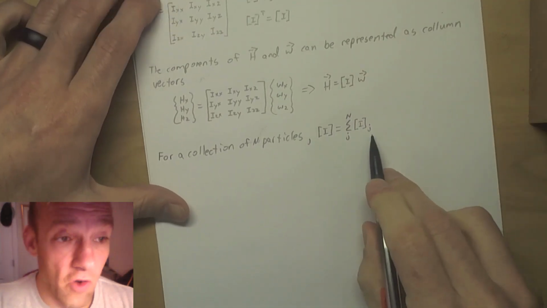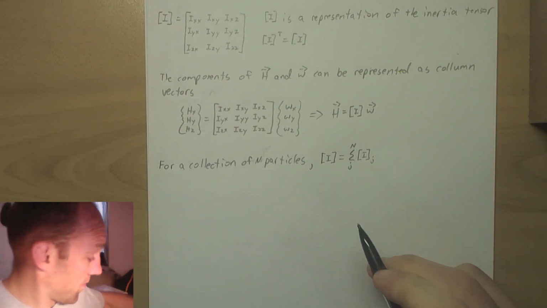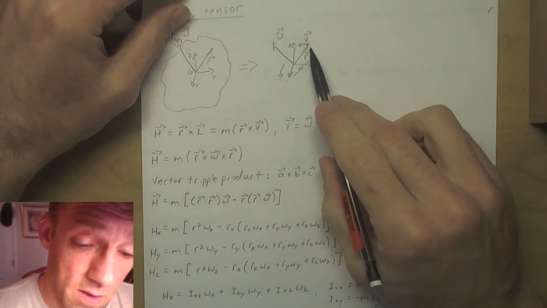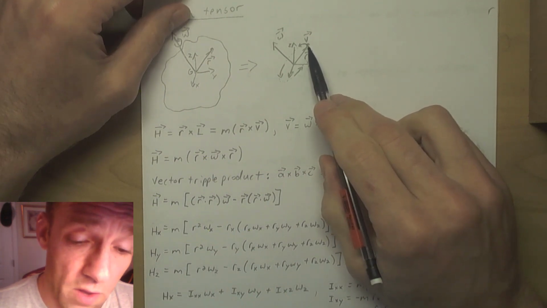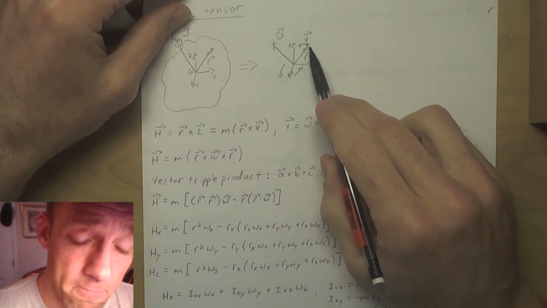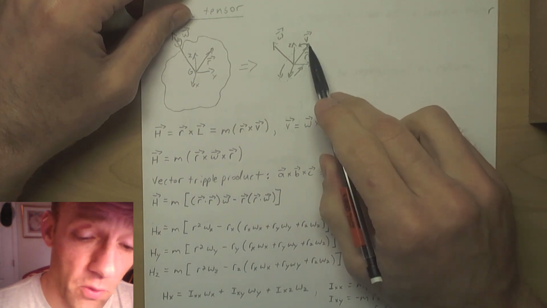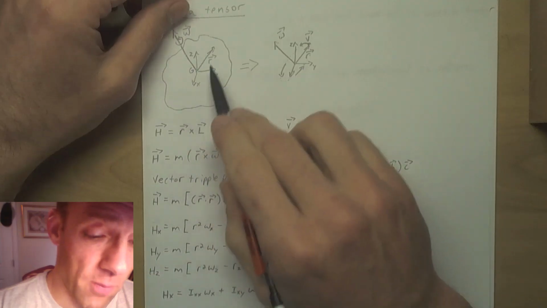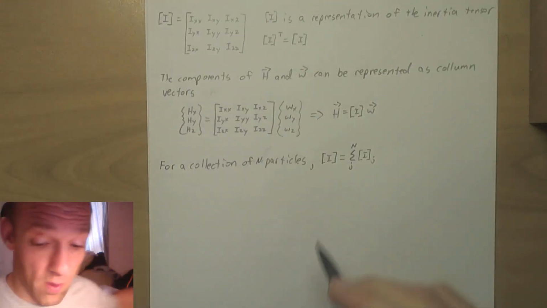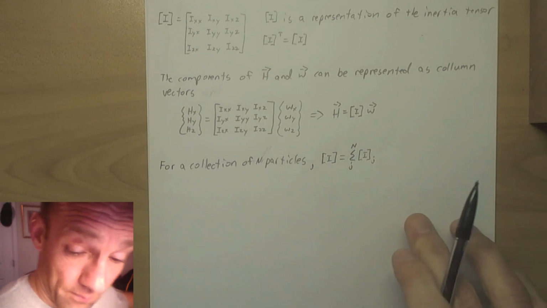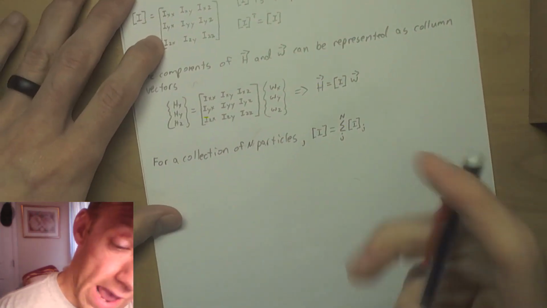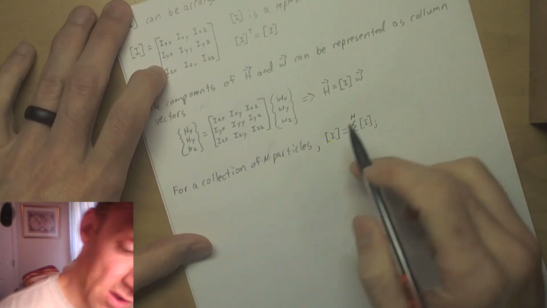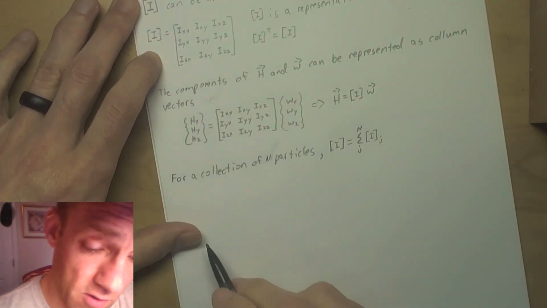So I sub j would be the inertia tensor associated with this single particle. And if we had a whole bunch of particles, we can simply add them up. So what does this mean? How do you add matrices, if you're not completely familiar? Well, it's just component by component, just like a vector.